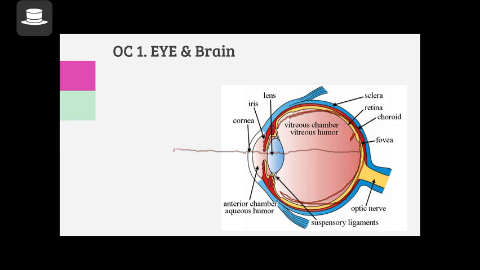We'll talk about the structure of the retina in the next slide, but I just want to give you a bigger picture. There is a structure here called the fovea, a part where there are more photoreceptors of a specific kind, and we'll talk about what these are in the next slide.